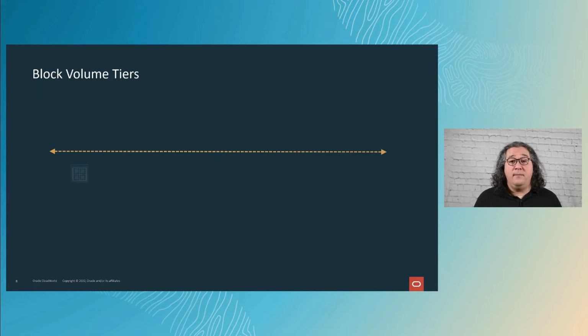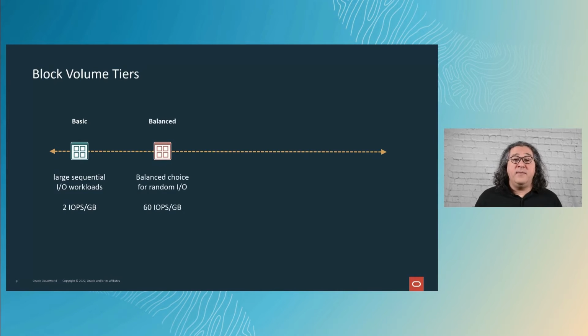The tiers are Basic. It will give you the lowest cost, as cheap as block storage, and it's indicated if you have large sequential files being used. Balanced. That is the default level for new and existing block and boot volumes, and it provides a good balance between performance and cost savings for most workloads.